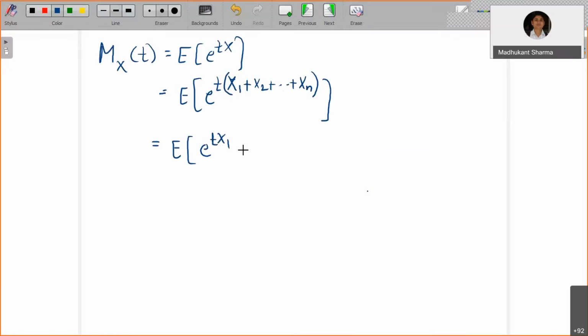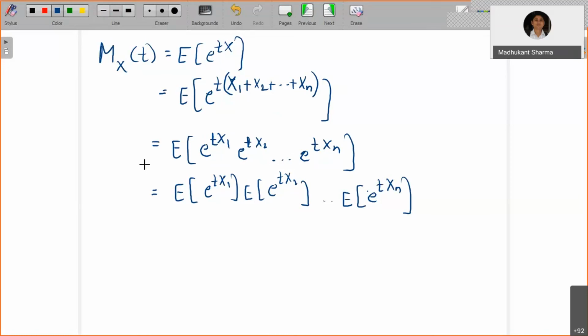This equals the expectation of e to the power tX1 into the expectation of e to the power tX2 and so on, the expectation of e to the power tXn, because X1, X2, Xn are independent random variables, so e to the power tX1, e to the power tX2, and so on are also independent. And you know that if X and Y are independent, then the expectation of XY is the expectation of X into the expectation of Y.